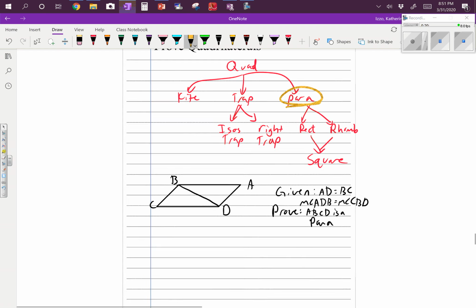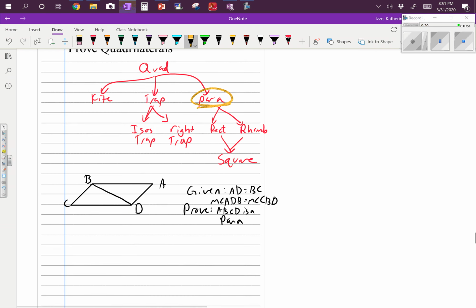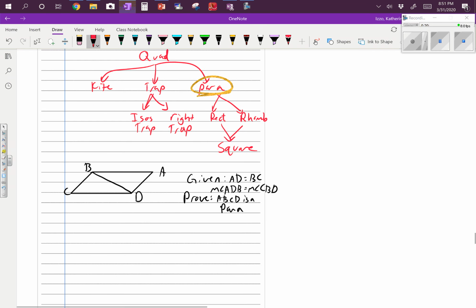Okay. In order to do that, we're going to do our statement reason chart just like normal. And we start with our givens. Always start with the givens. AD equals BC, given. Beautiful.